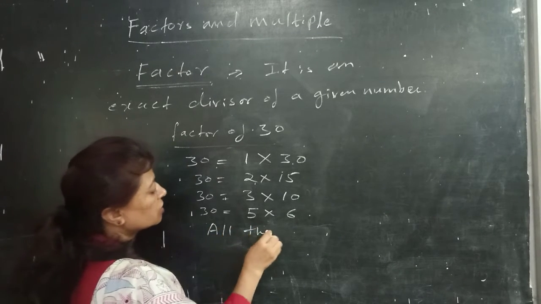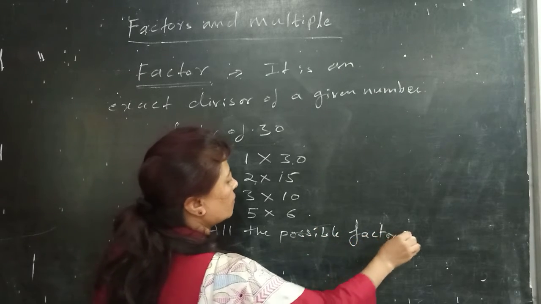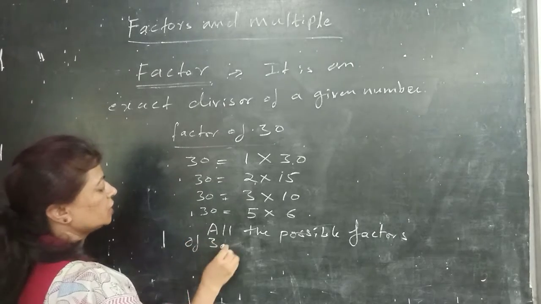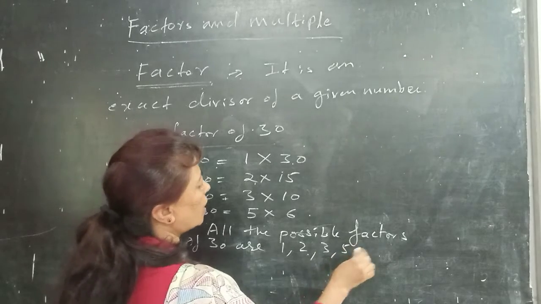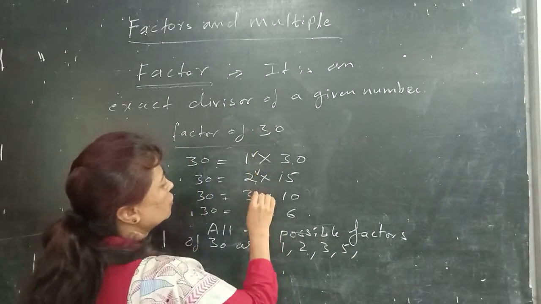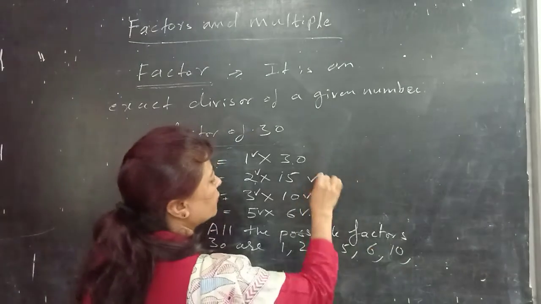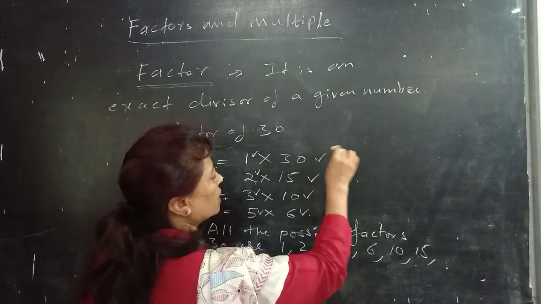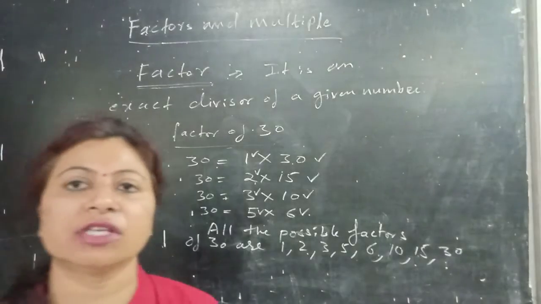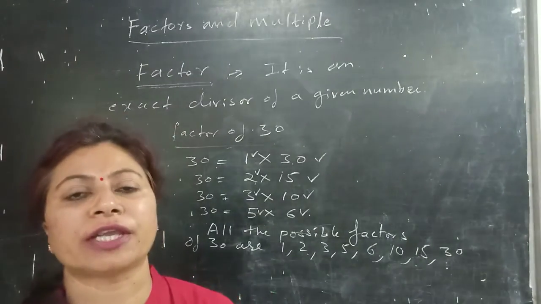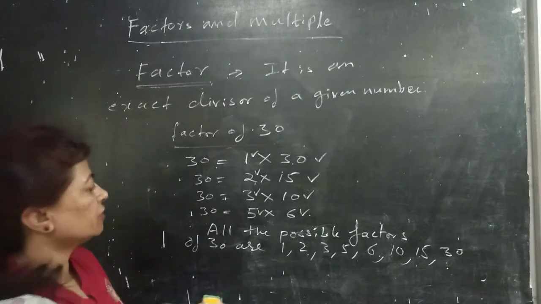So here all the possible factors of 30 are 1, 2, 3, 5, then 6, then 10, then 15, and at last we get 30. So student, this way we can find the factors of any given number. What we have to do, we have to find out the multiples by which we can obtain the given number.